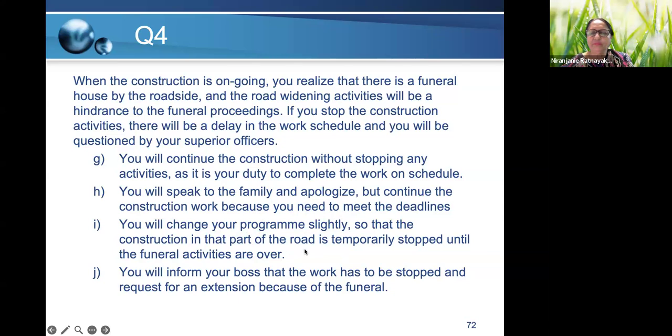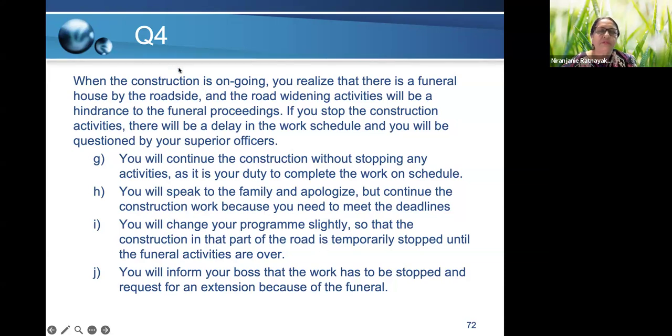You will hopefully not lose time, but you will be accommodating the people of the area also. So I think between H and I, I may be better, right? But you can't say H is unethical.